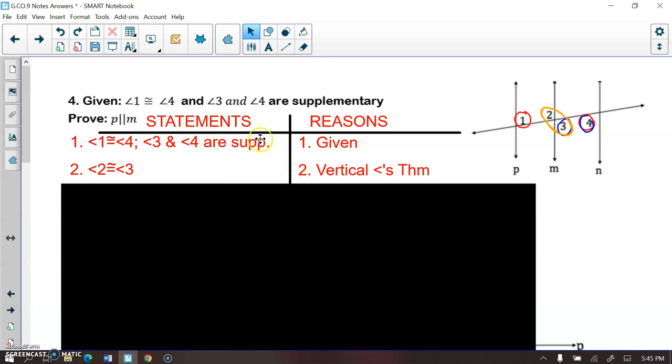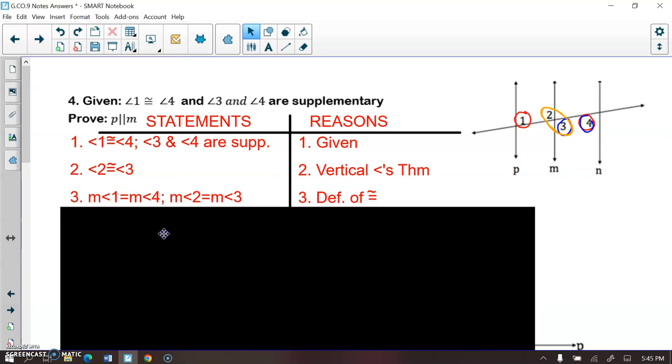Now, in order for us to use the statement that angle 3 and 4 are supplementary, we're going to need to convert all these things into the measures being equal. So the measure of angle 1 is equal to the measure of angle 4, and the measure of angle 2 is equal to the measure of angle 3. That's the definition of congruence.